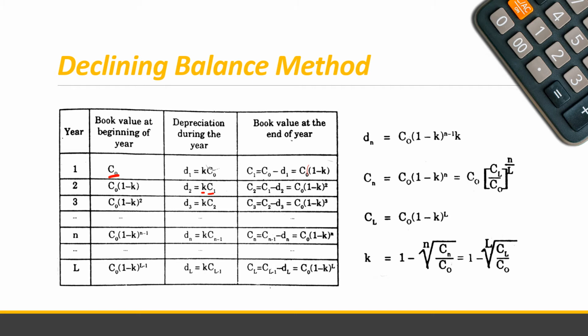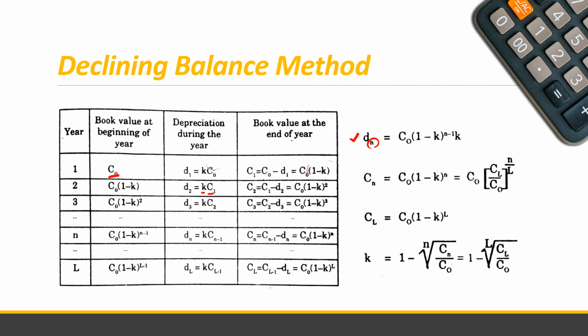So considering this series of formulas, we'll be given that Dn is equals to C sub O times 1 minus K to the n minus 1 over K. So that is the depreciation at any year. So could be at the first year, second year, third year. So depende kung ano year yung hinahanap.